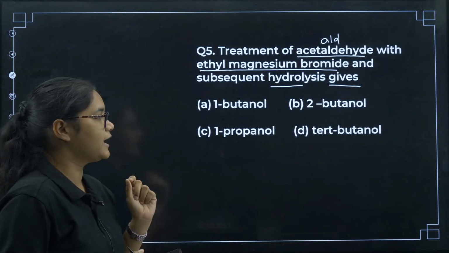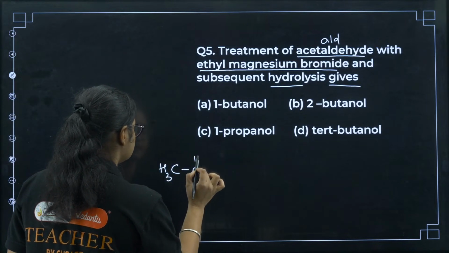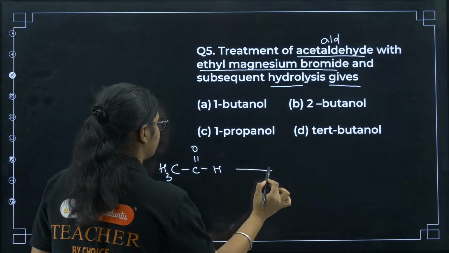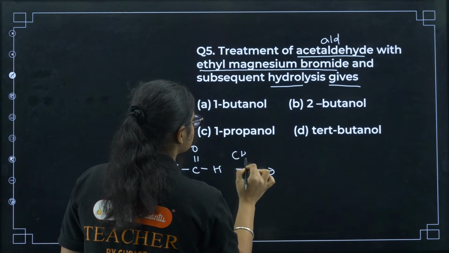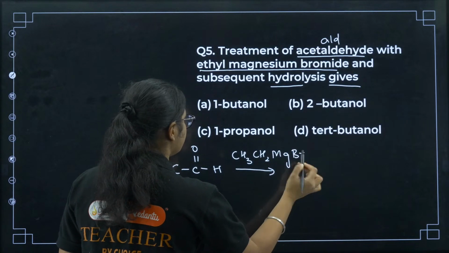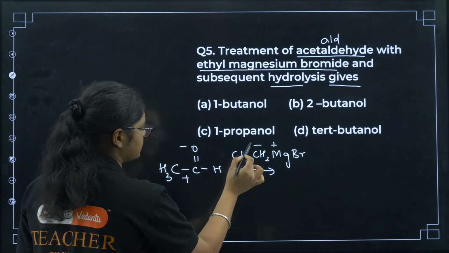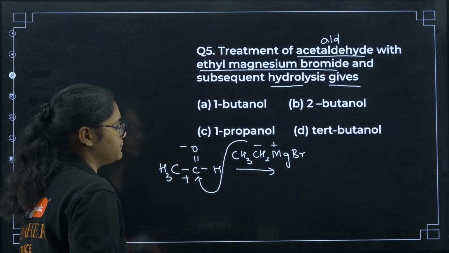You have acetaldehyde, that means CH3CHO, and it is reacting with CH3CH2MgBr. Very simple reaction, minus, plus, this one will attack here. So what will be the product here?